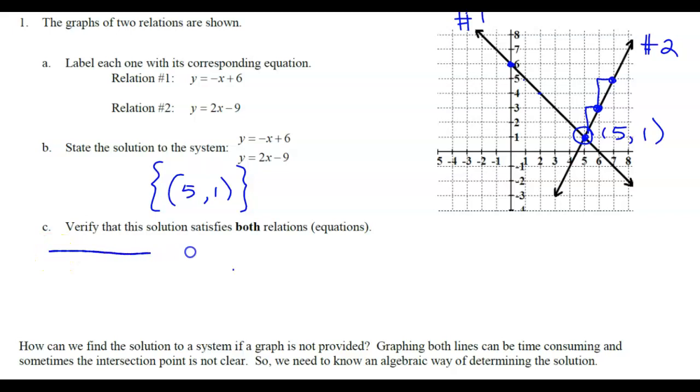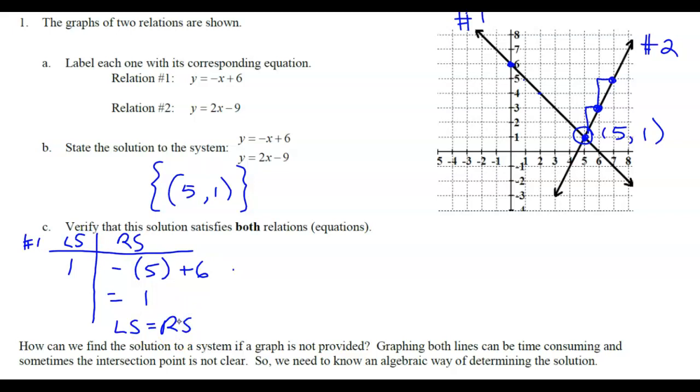For relation number 1, our left side is y, which would be 1. Our right side is negative x plus 6, which is -5 plus 6, which is 1. So it should work.